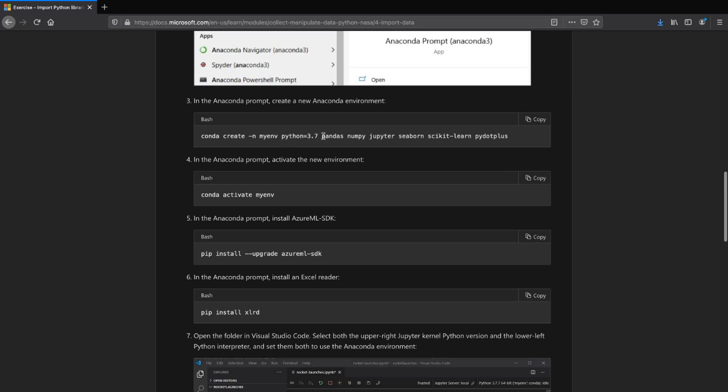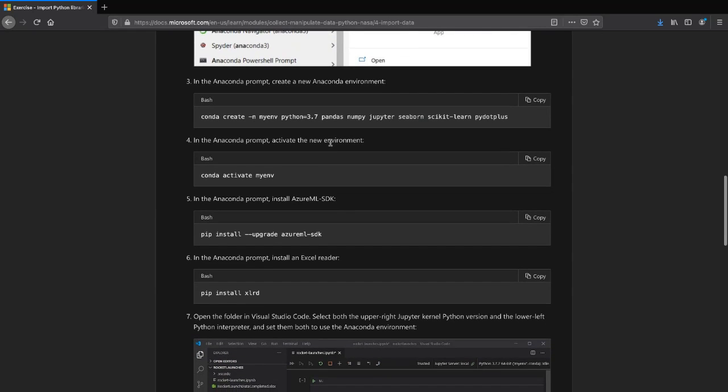You can specify that you want to use Python 3.7, and then tell it to make sure that that environment has these things installed. Anaconda comes with these, but in this virtual environment, you can control which versions of things are installed. If you copy this example and run it in a shell or in your Anaconda prompt, that will create the environment.